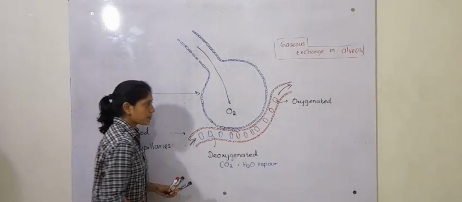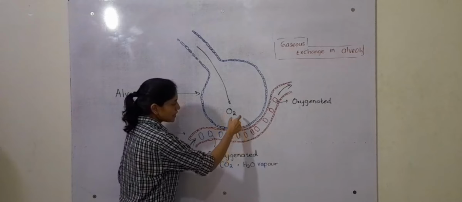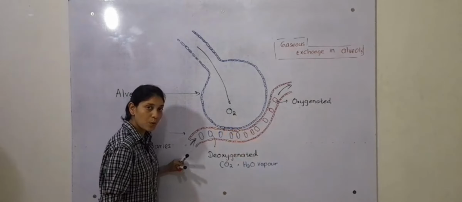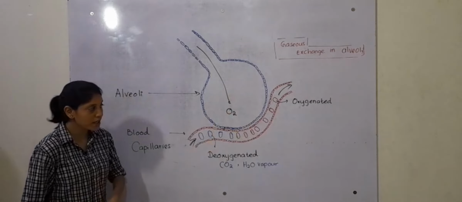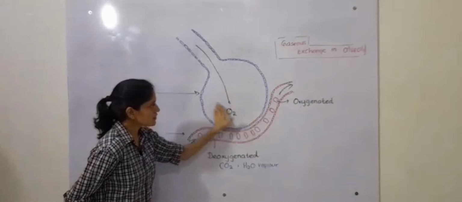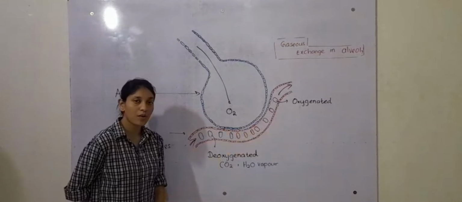So what happens, people? This oxygen is going to dissolve and diffuse into the blood capillaries. Why is that, people? It is happening across the concentration gradient. The concentration of oxygen within the alveolus is higher than the oxygen concentration in your blood capillaries.